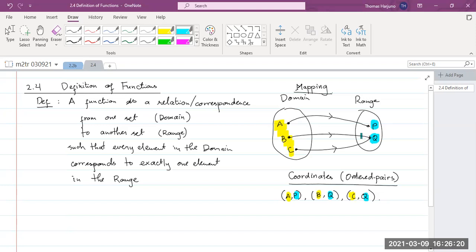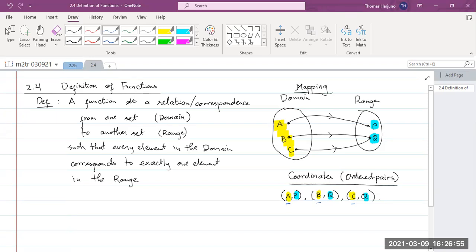Okay, so it's quite easy to see if a relation is a function from the mapping. Just look at the domain. If you see any branching from the domain, then it is no longer a function. Now, when we have coordinates or ordered pairs, see if you have the same x component corresponding to different y components.